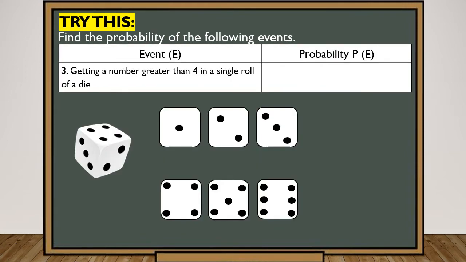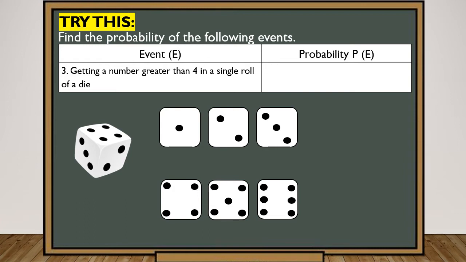Next, getting a number greater than 4 in a single roll of a die. So let's have another situation with a die wherein the event that you want is a number greater than 4 in a single roll. What is the probability that when you roll a die, you will get a number greater than 4?